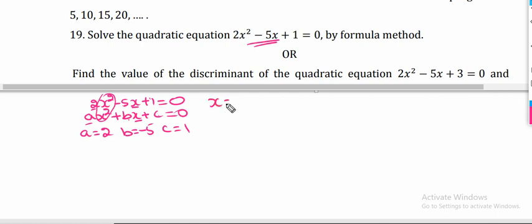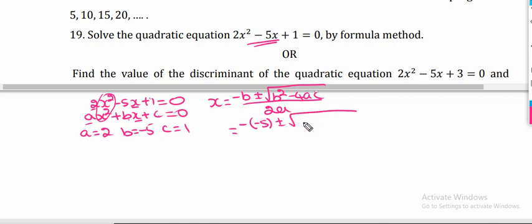The formula is x is equal to minus b plus or minus square root of b square minus 4ac divided by 2a. So by substituting this one, minus into minus 5 plus or minus square root of b square means here you get minus 5 whole square minus 4 into a means 2 into 1.